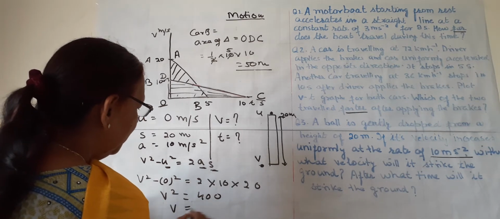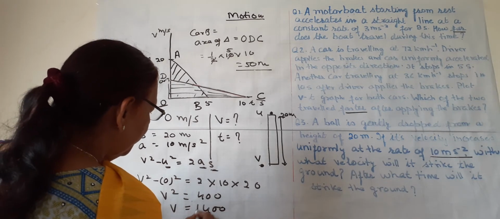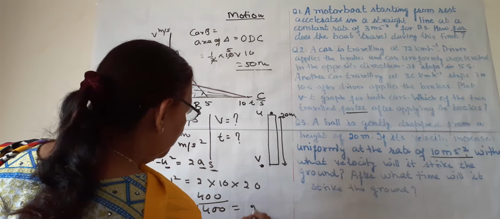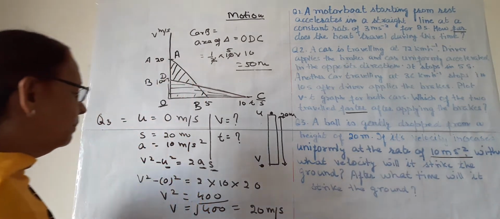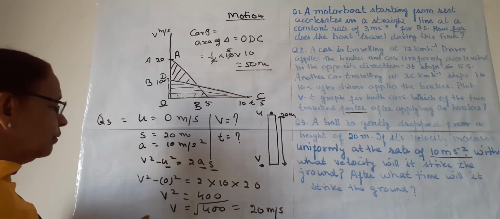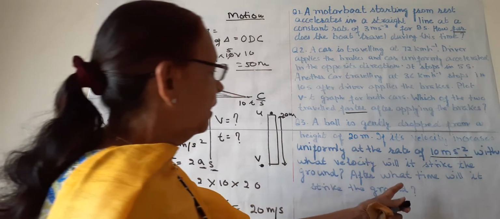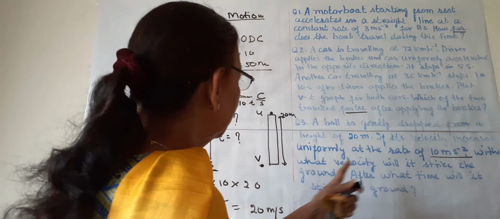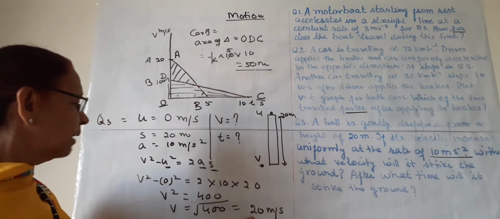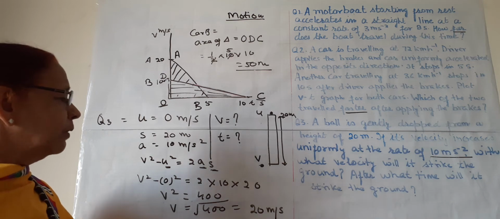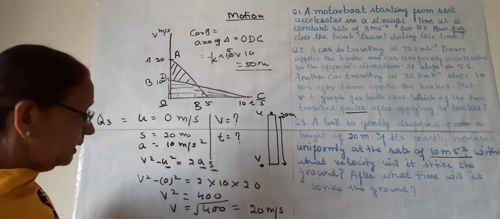So v will be under root 400, equal to 20. So v will be 20 meters per second. So this is how we calculated the final velocity v. It will strike the ground with a velocity of 20 meters per second.